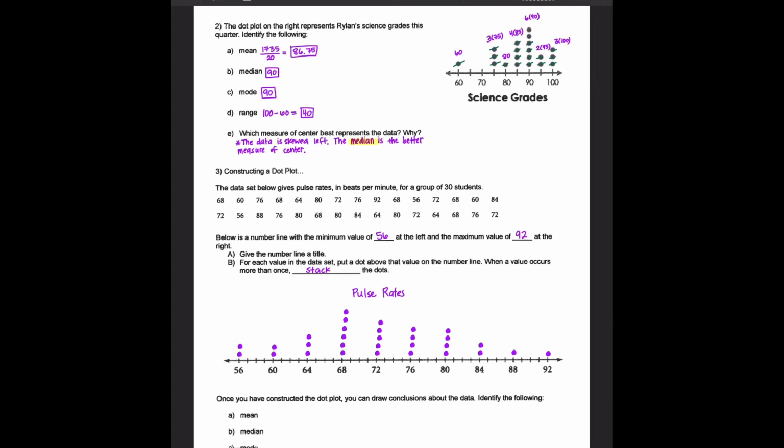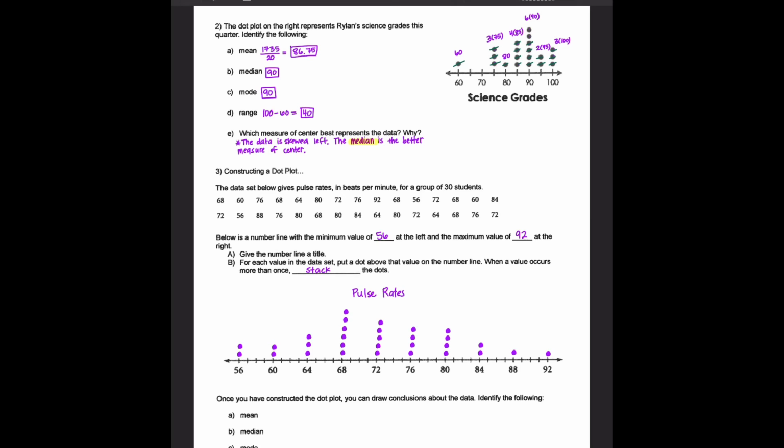Okay, so now we have constructed our dot plot. So your dot plot should look just like mine. So we first need to find the mean. Well, we're going to add everything up and divide by the number of data points.